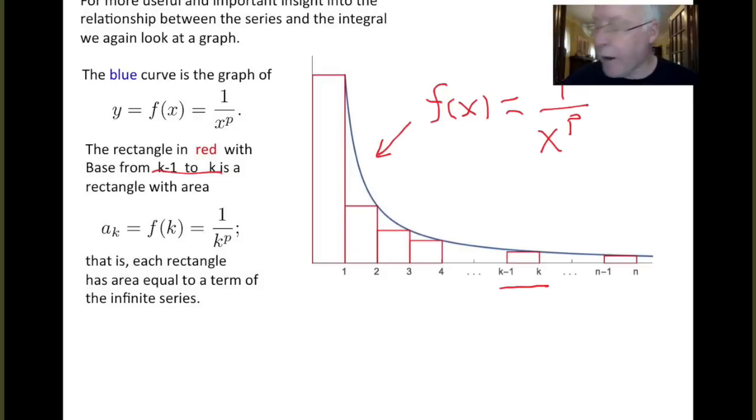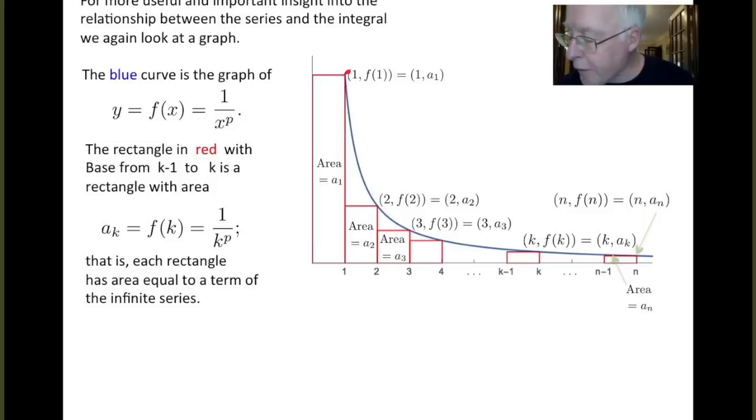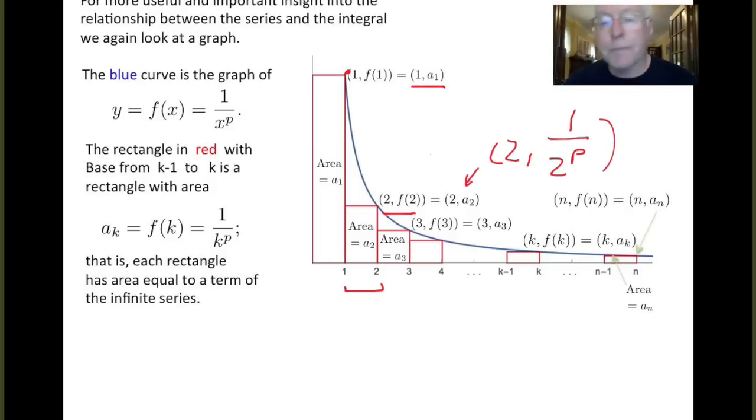Okay. Now, it turns out each of those rectangles, again, has area equal to a term of the series. So let's take a look at this point here. It has x-coordinate 1, and so has y-coordinate f of 1, which is the first term a sub 1, or 1 over 1 to the p. The next rectangle has base from 1 to 2, and this point up here has x-coordinate 2, and so this is the point 2, f of 2, which is 2, a sub 2, or 2 comma 1 over 2 to the p, and so forth.